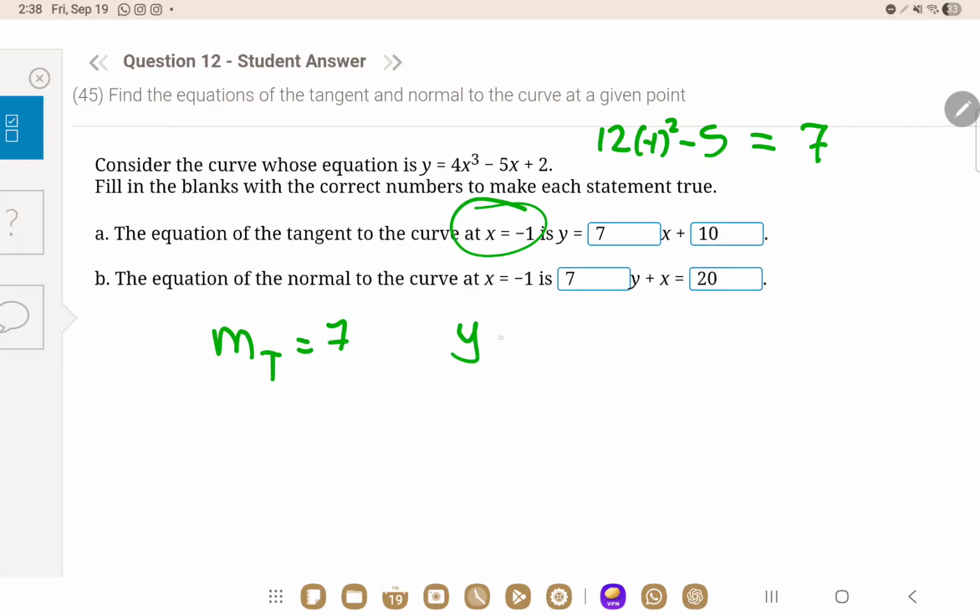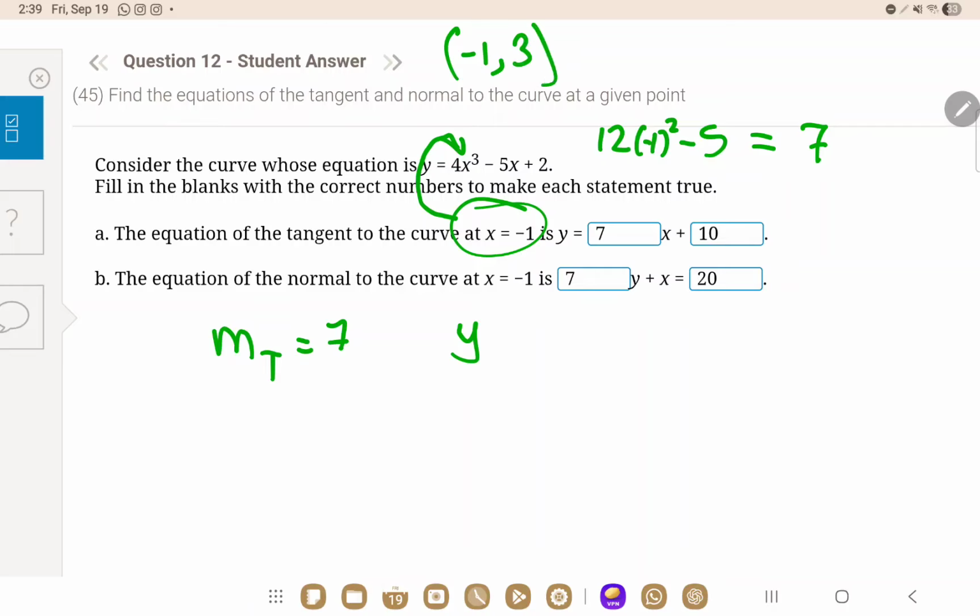So now we use the point-slope formula. This is the thing I told you: when they do not give you a whole point, first you take x and substitute it into the original equation, without differentiating, to get your full point. So it's -1 times (-1) cubed, which is -1, times 4 is -4. -4 minus 5 times -1, which is plus 5. -4 plus 5 becomes 1. 1 plus 2 is 3.